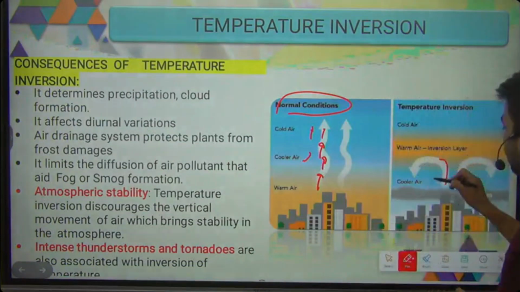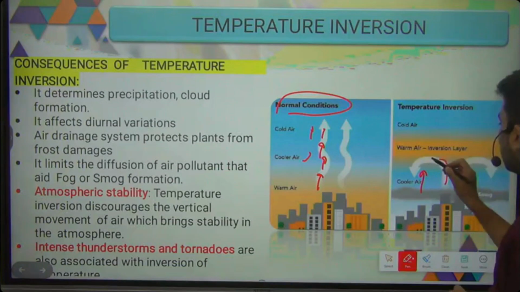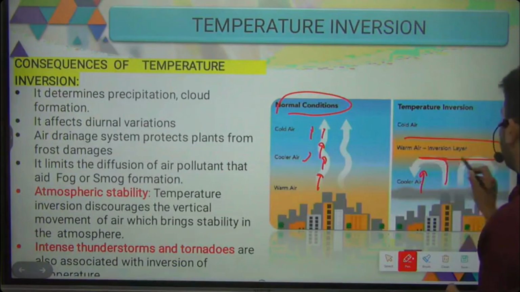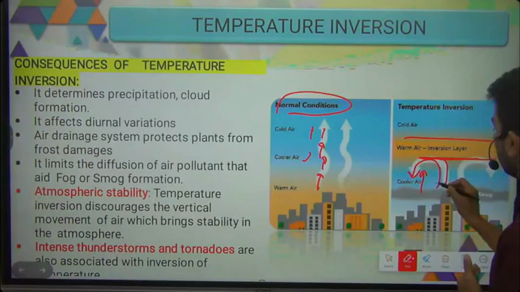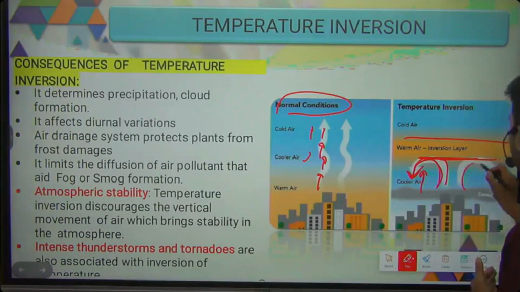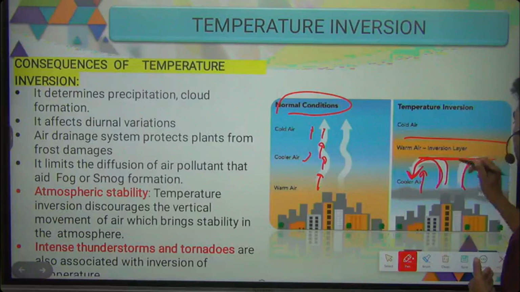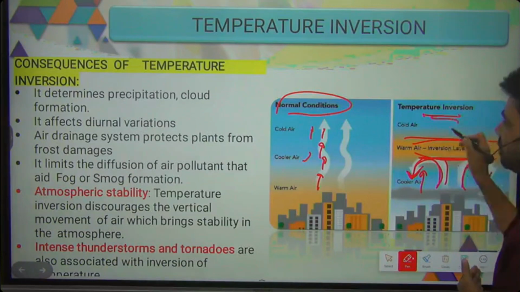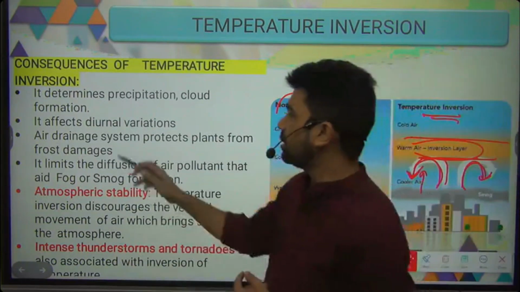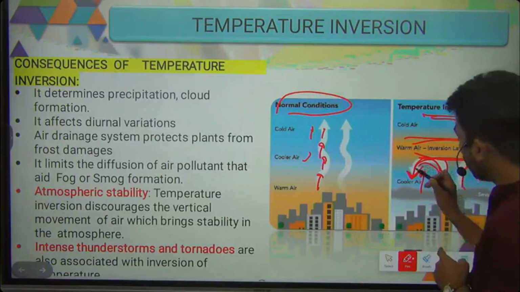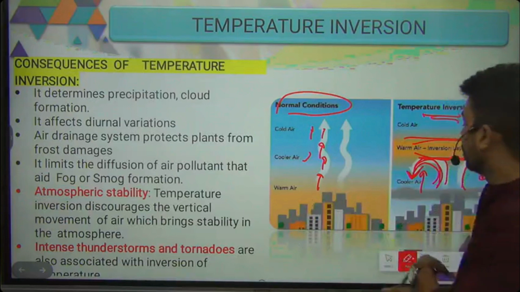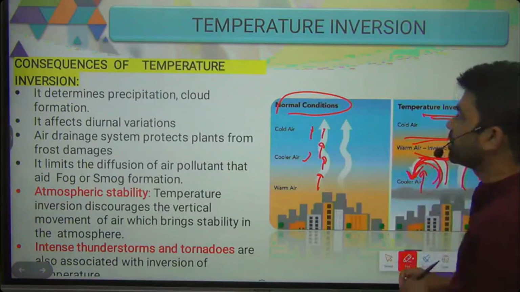But when there is a layer of warm air above the cold air, the cold air has to be pushed back down. This happens in temperature inversions. So it determines precipitation and cloud formation, because when this cooler air has been forced down, it comes down as precipitation.